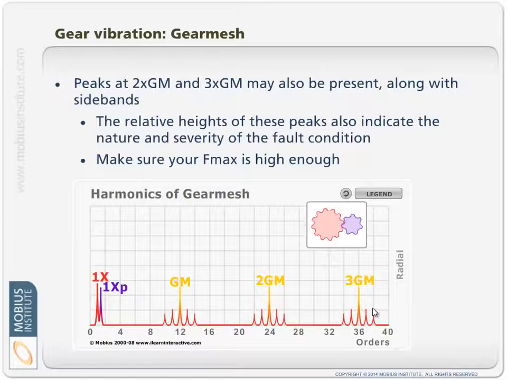When we talk about time waveform analysis, I'll try and convince you to make it more than 4 times the gear mesh frequency, because that'll make sure that what you see in the time waveform is more useful, and the detail you see as the teeth mesh together.